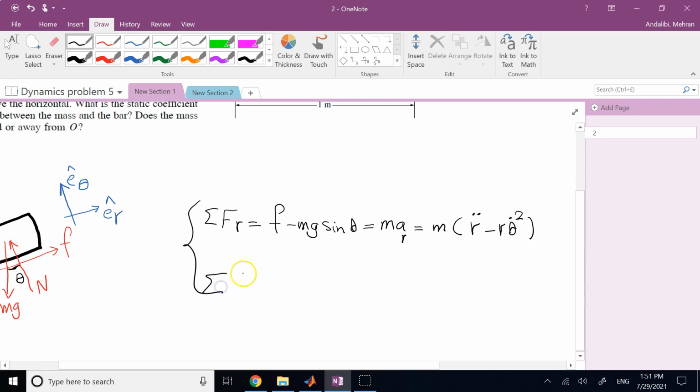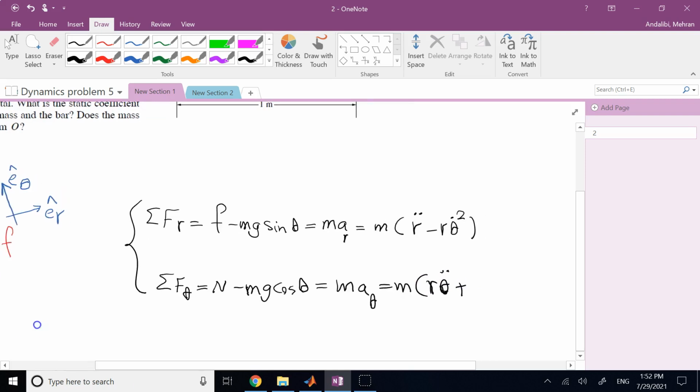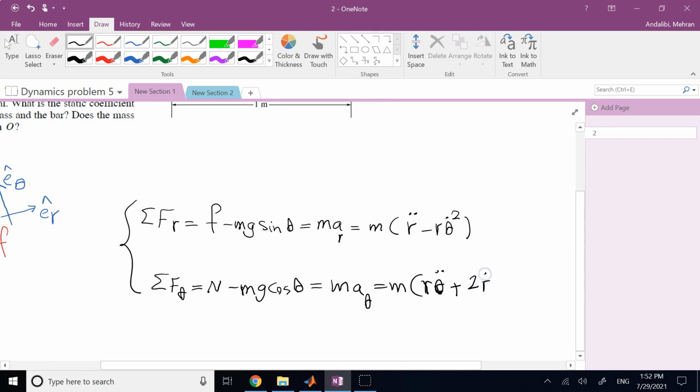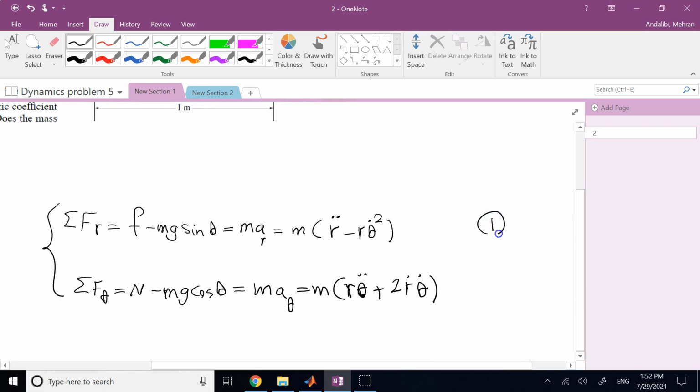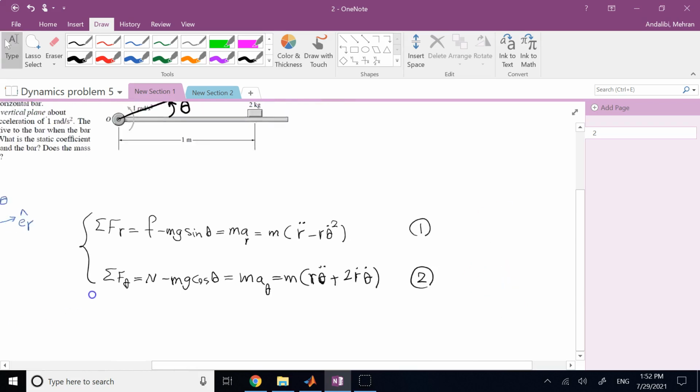And then we have sum of forces in the theta direction, which in this case is going to be N minus mg cosine theta. That is equal to m a_theta. And the theta acceleration is r theta double dot, or alpha basically, plus the Coriolis term, 2 r dot theta dot. So these are my governing equations 1 and 2.